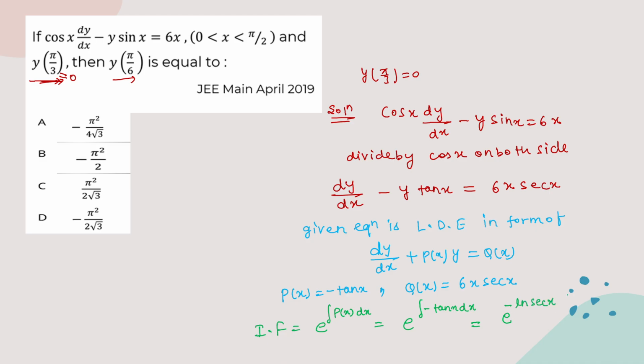And when you take this negative sign in the power of sec x, because you know the formula, let me write on the next page. So we are getting integrating factor e to the power minus ln sec x, which can be further written as e to the power ln of sec x to the power minus 1, right?